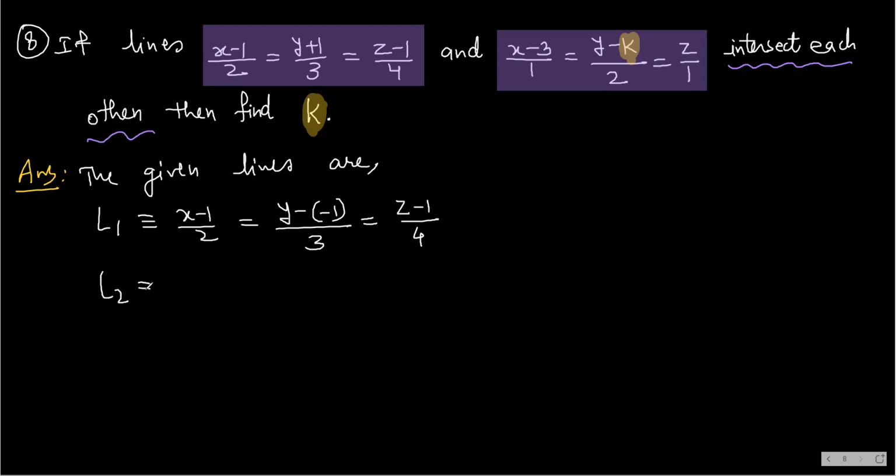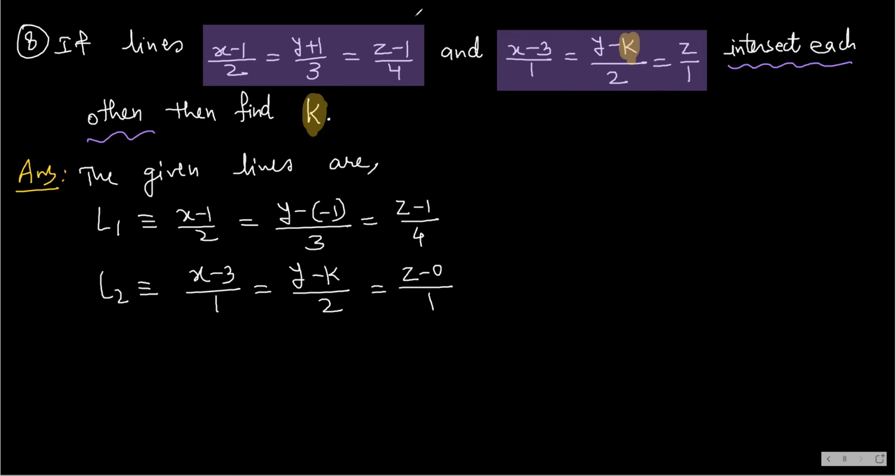And L2 line is (x minus 3) by 1 equals (y minus k) by 2 equals z minus 0. This is only z, so (z minus 0) by 1.